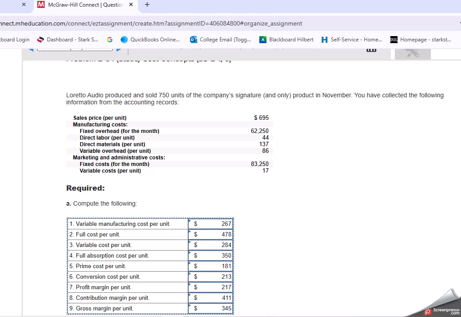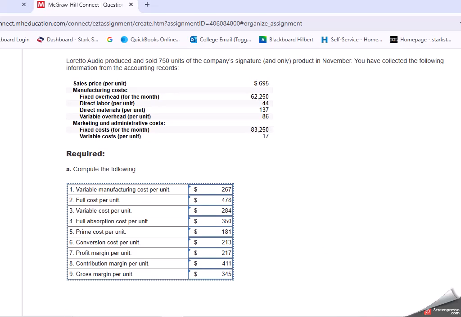Then our profit margin per unit is going to be our $695 selling price minus all of the costs. And so all of the costs are that full cost per unit. So minus the 478. And that gives us the 217. Our contribution margin is our selling price, $695, minus our variable cost per unit, which is the 284. So that's 411.